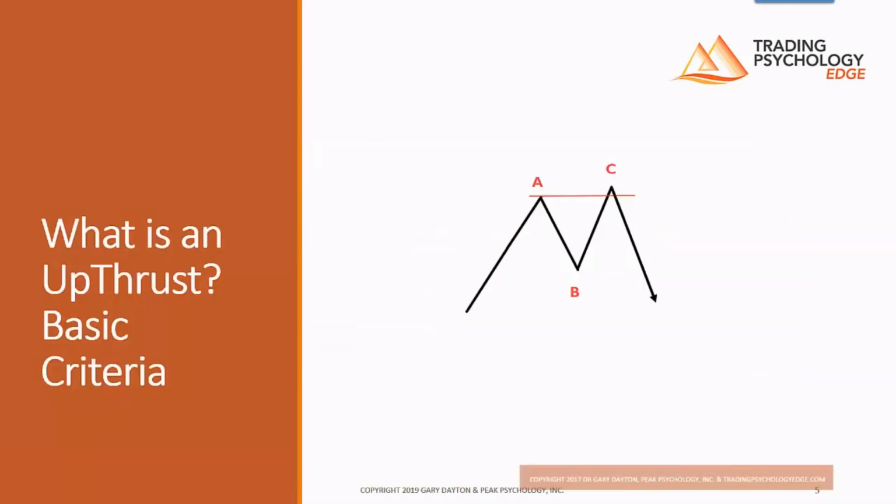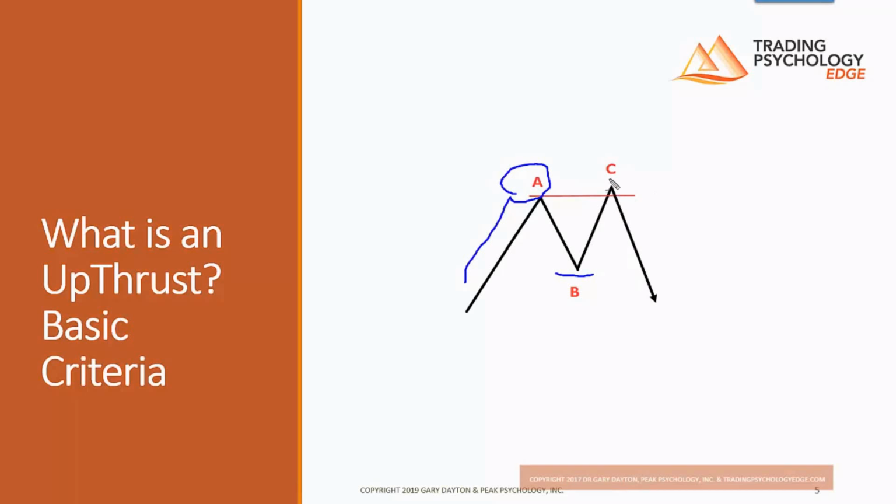So what exactly is an upthrust? The market makes a swing high, rallies up and makes a swing high here at A. It then reacts down to B, and after reacting, it finds support and then heads back up towards the old high here back at A. And it reaches the high of A and actually pushes up a little through it, but it can't follow through to the upside.